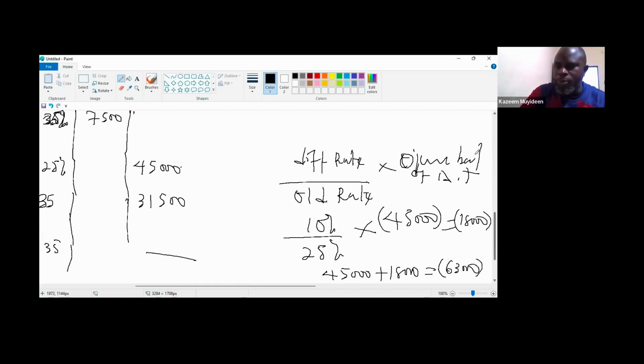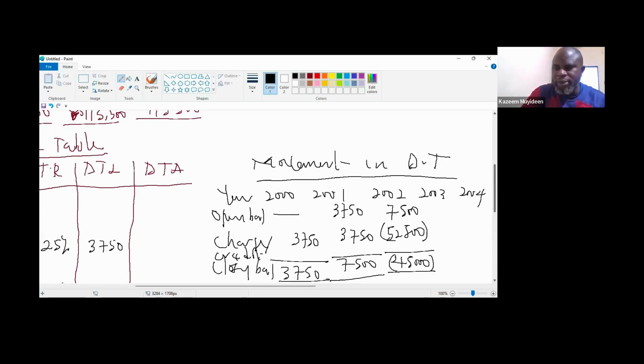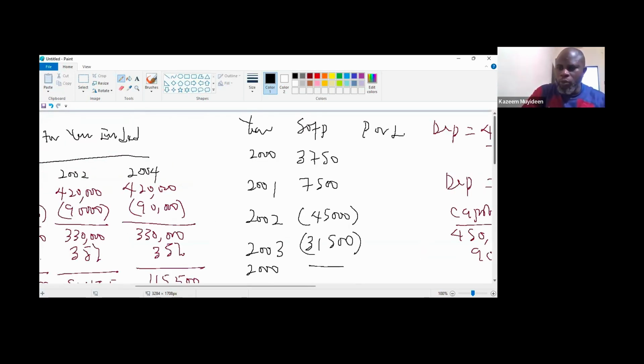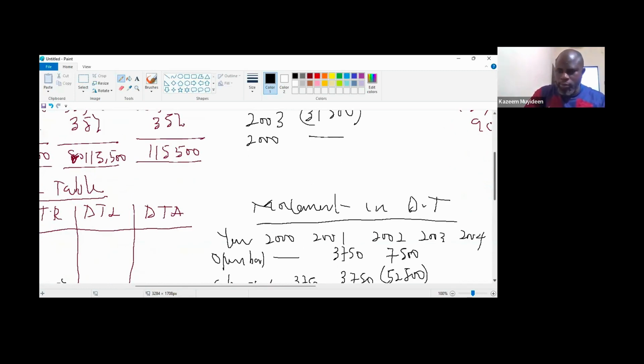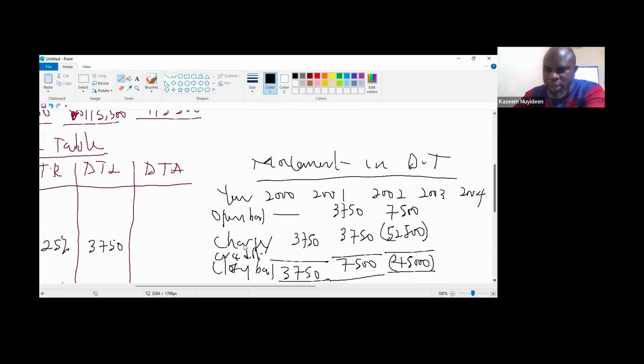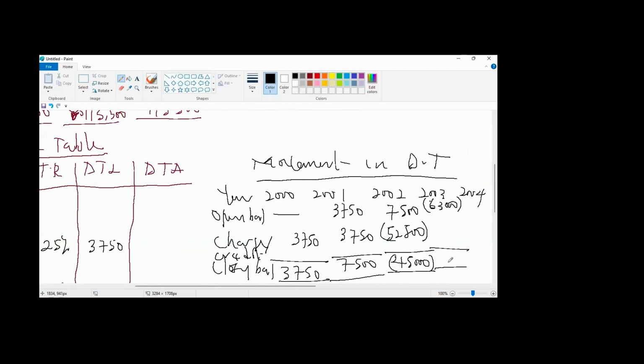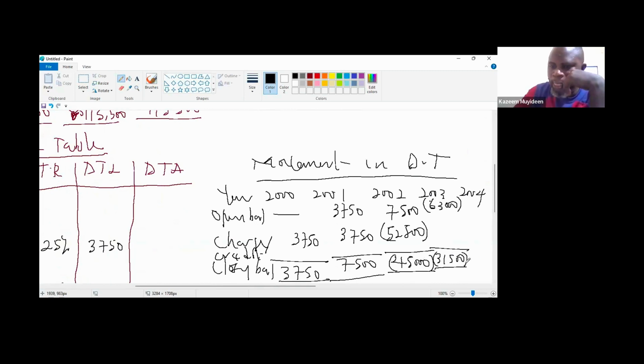We'll now go up. I've adjusted that. We'll now say 63,000 credits. What do we close with? 81,500 credit.